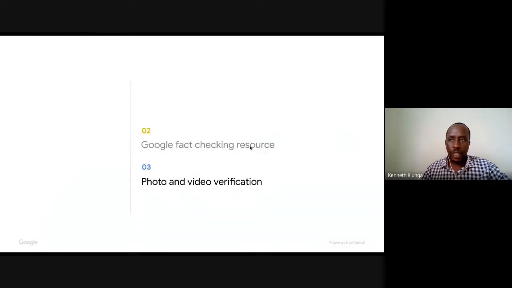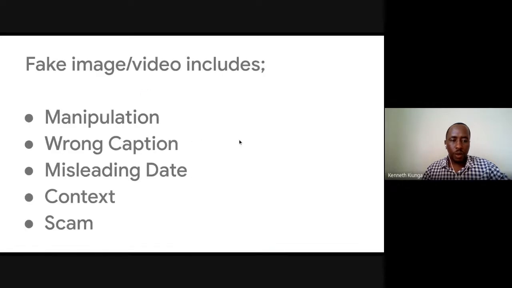So let's look at photo and video verification. So how do we go about it? There are different ways that people manipulate or push forward fake news using image and video. So there's direct manipulation. So this is editing of photos, editing of videos. So this is direct editing, and then there's wrong caption.